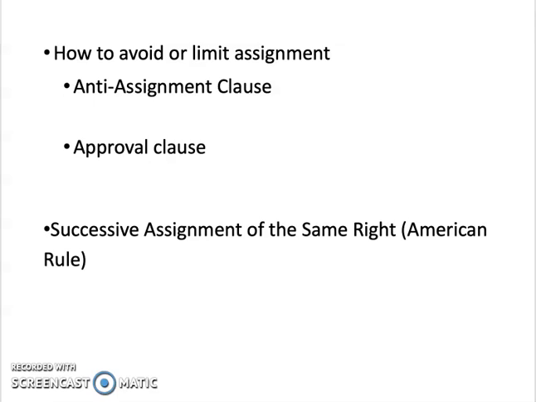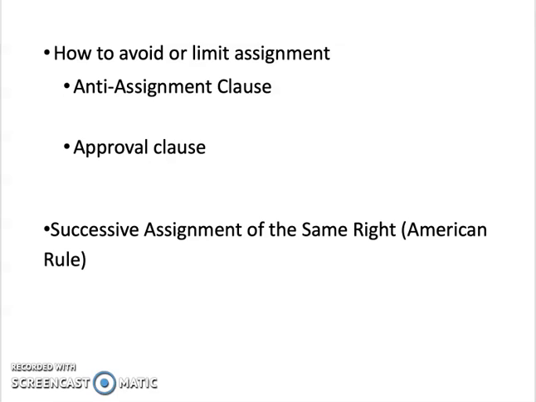So Lucy would not have a right to enforce that contract unless somehow Joe failed to do that. So usually, and I can't really think of a legal situation or a case where we would want to advise a client to assign a right again or to be on the receiving end of an assignment where they're not the first assignee. But if that was to happen, that is the rule that we would be following.